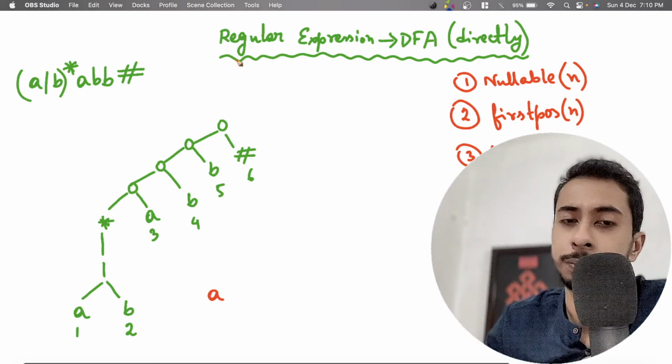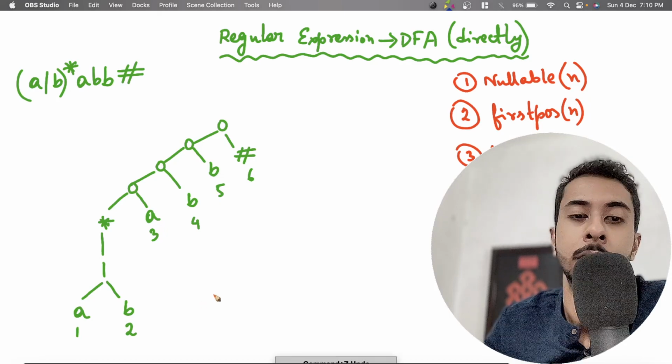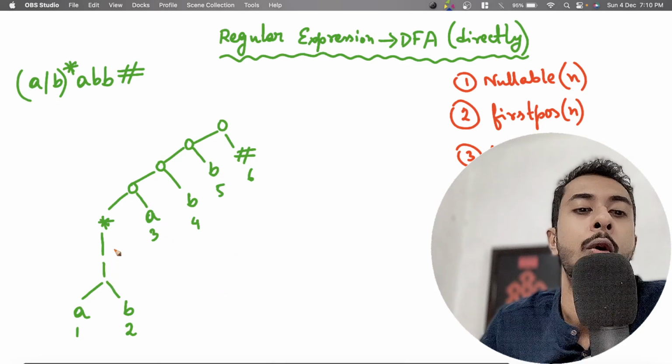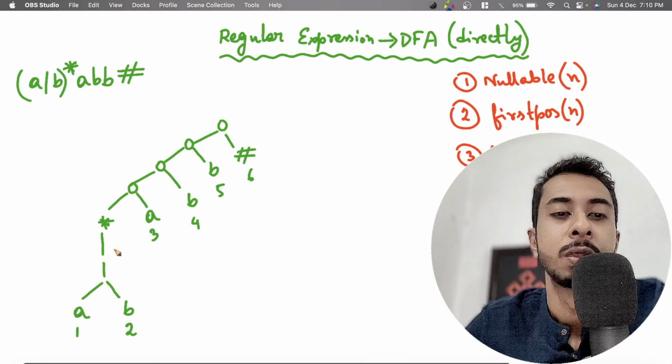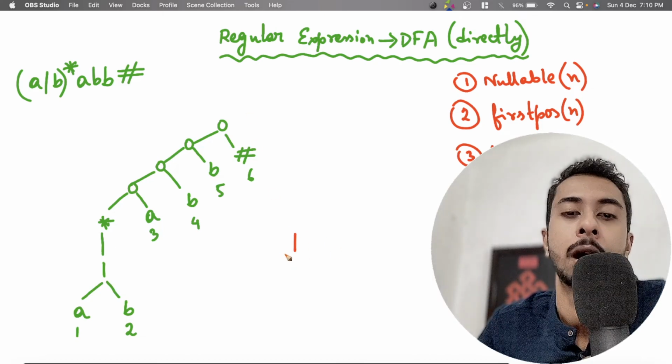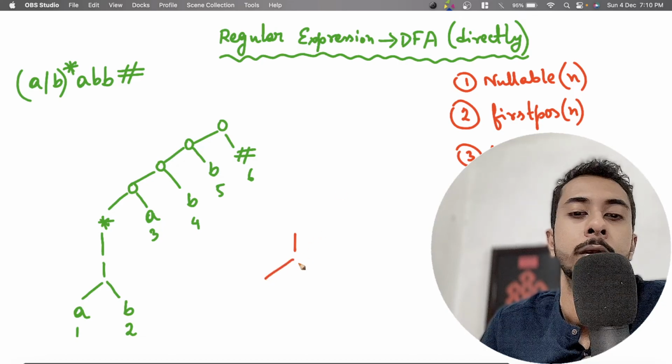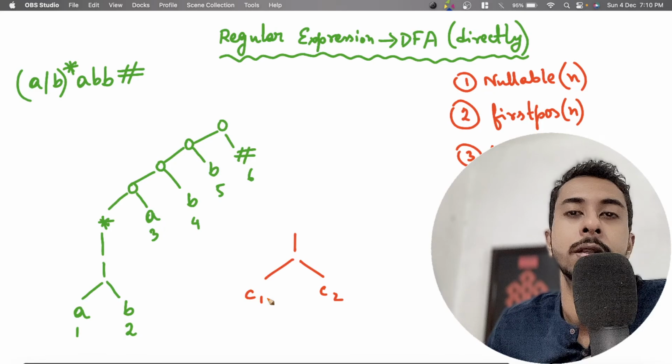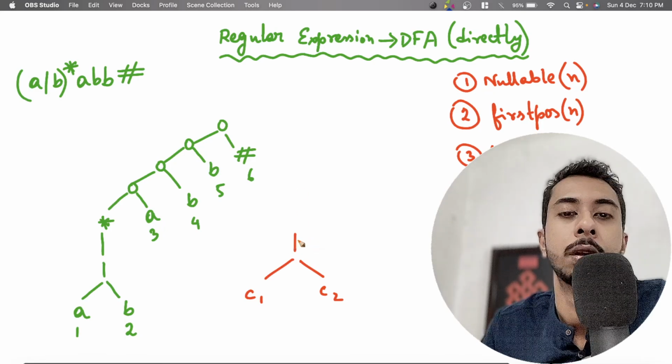Understand this. The next thing is whether an OR node is nullable or not. An OR node can be made nullable if, let's say this is C1, this is C2, one of the children is nullable. Then the OR node is nullable.